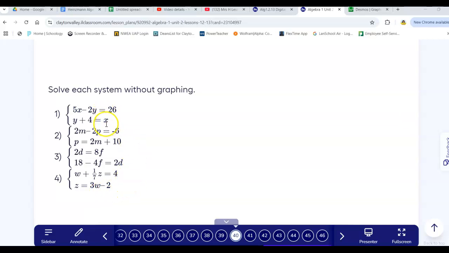So you can see that they've already isolated x. X equals y plus 4. So if you took this expression and you dropped it into this equation in place of x, then you would see that you only have y's to solve for. You only have y's, which you know how to do.